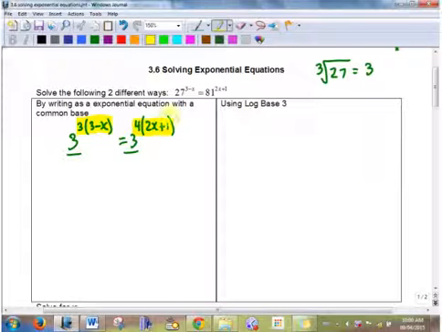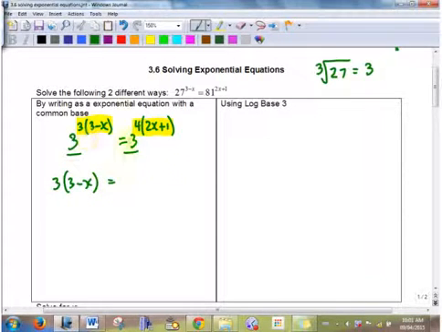If it doesn't make sense, well, you got to memorize it. So these exponents have to be equal in order for this thing to work.